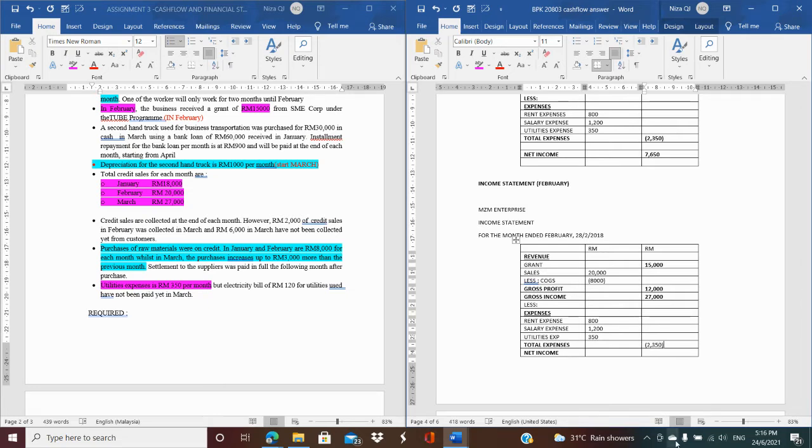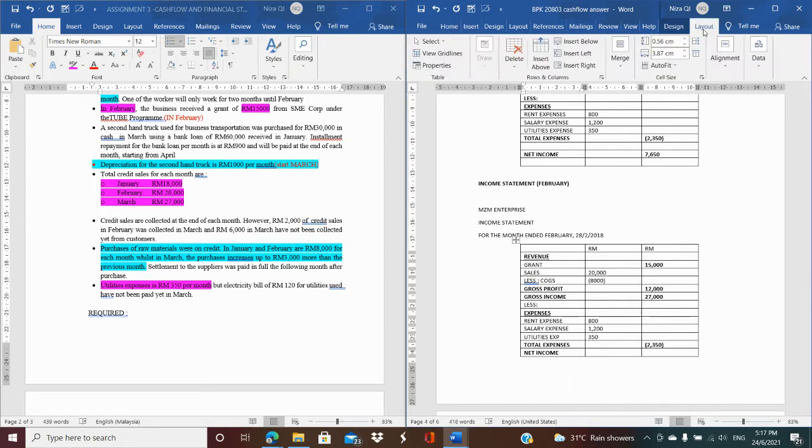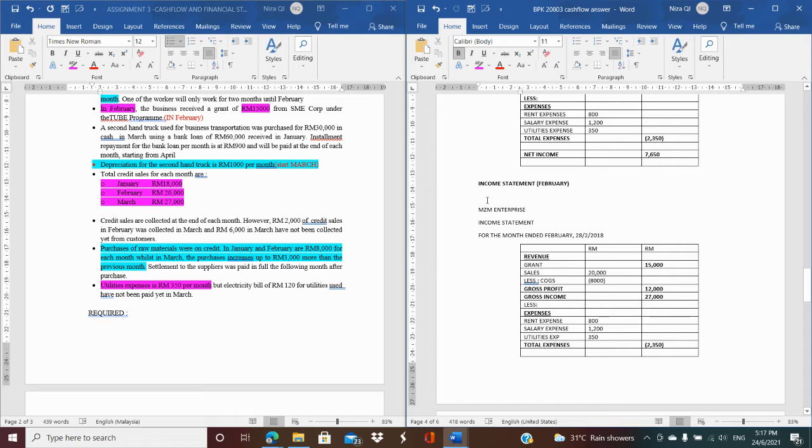So now what will be the net income? The net income will be 27,000 minus 2350. So what is the amount for the net income?